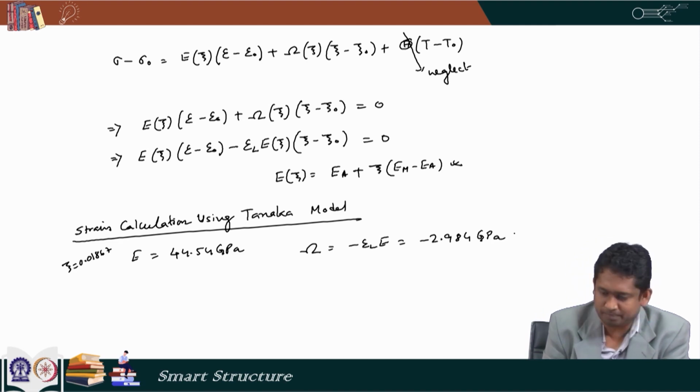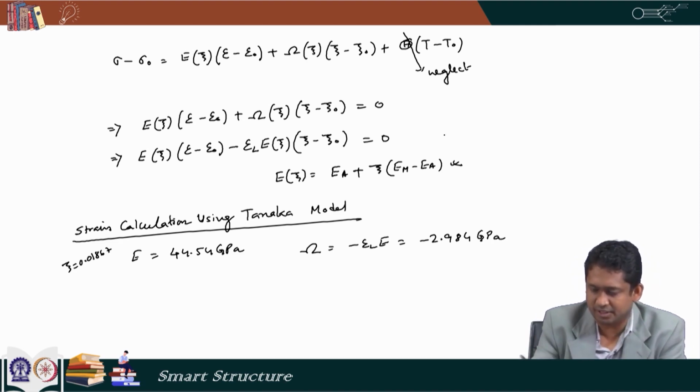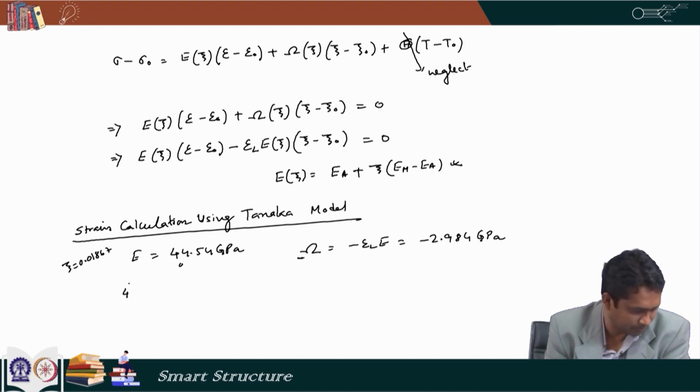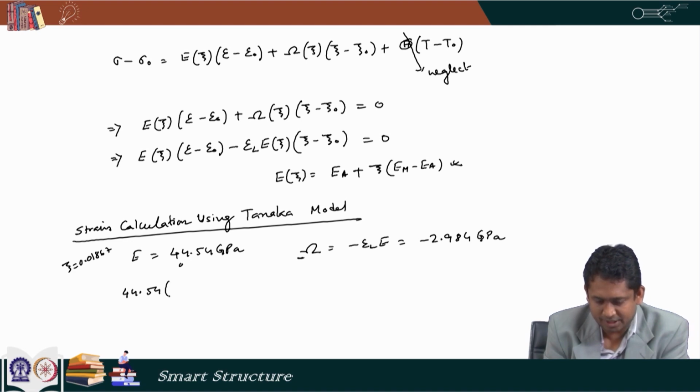Then if we put this quantity and this quantity in this equation with all the initial conditions taken care of, then we have 44.54 in GPa. Strain is unknown to me.